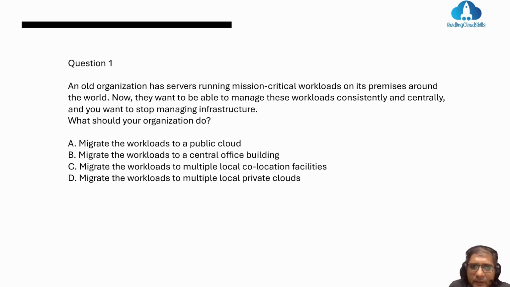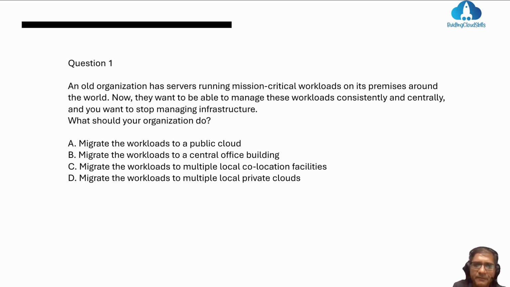An old organization has servers running mission critical workloads on-premise around the world. Now, they want to be able to manage these workloads consistently and centrally, and they want to stop managing infrastructure. What should the organization do?